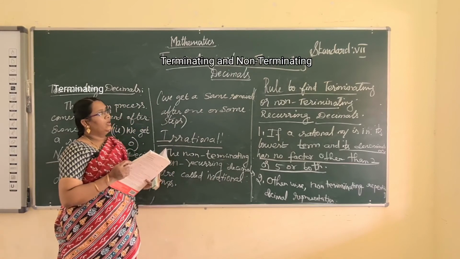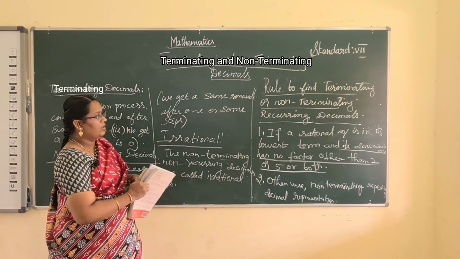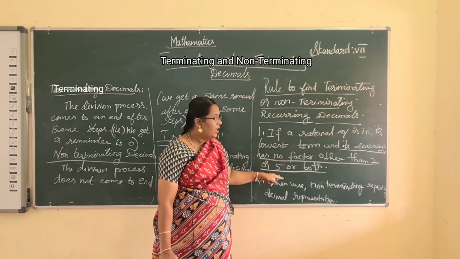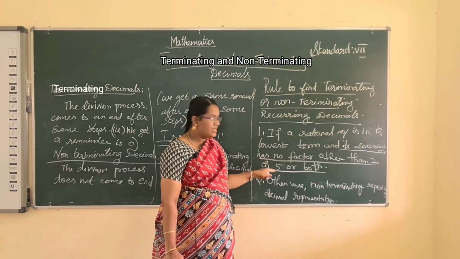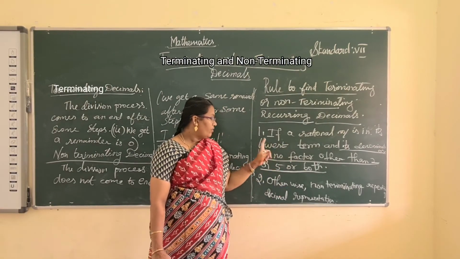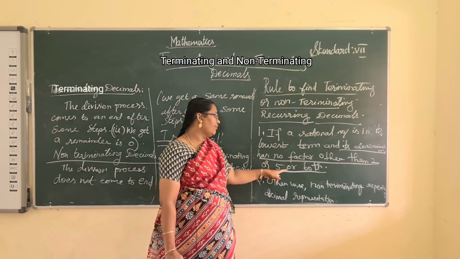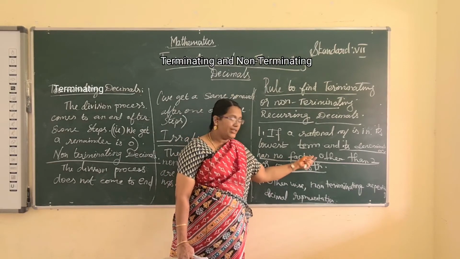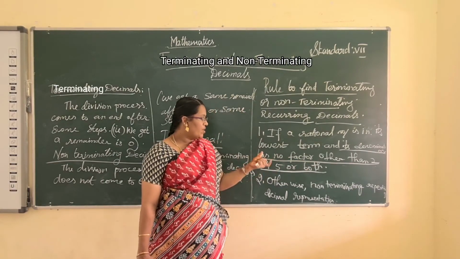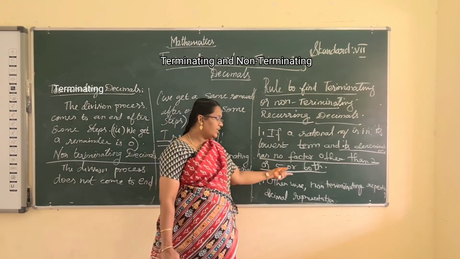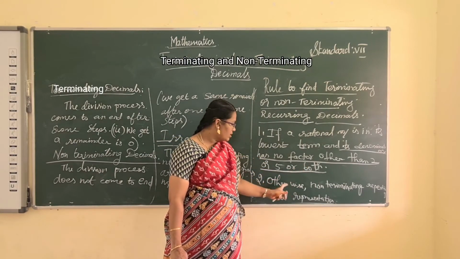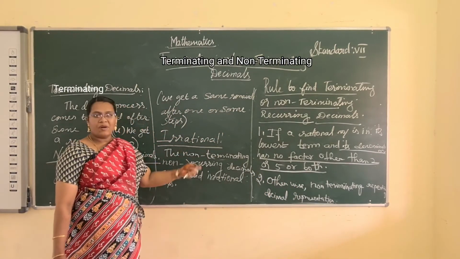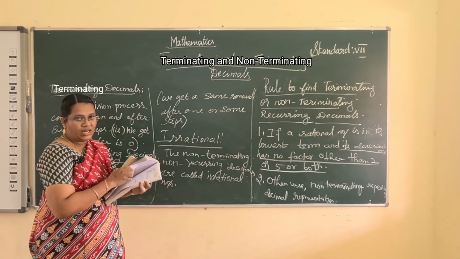So only one rule to learn. If the rational number is in its lowest terms and its denominator has no factor other than 2 or 5 or both, it is terminating. Everything other than that is non-terminating. So it is called non-terminating numbers.